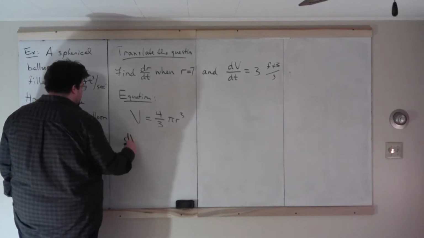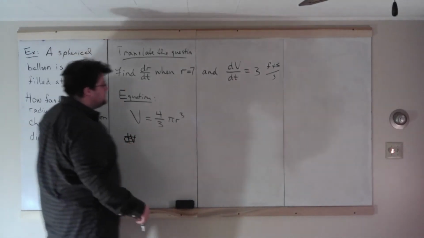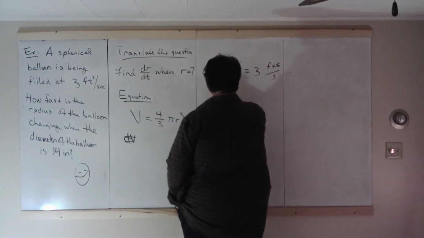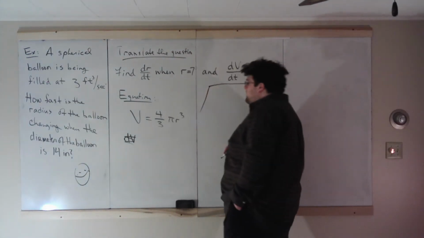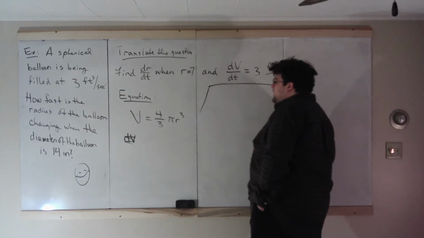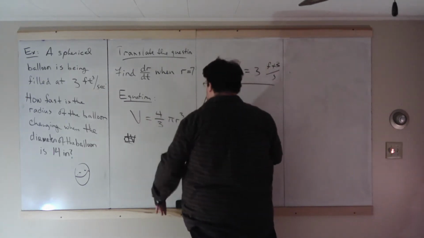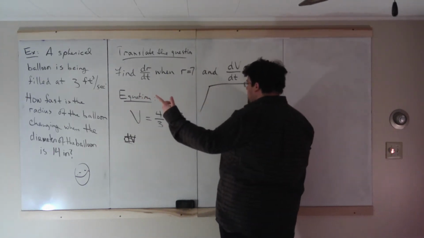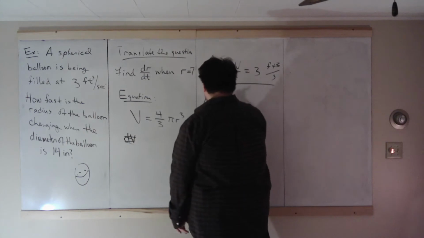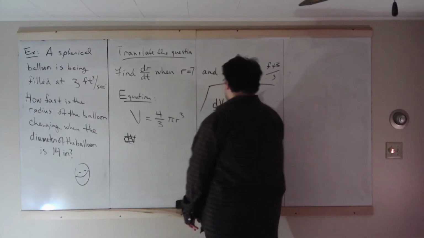Differentiate the left with respect to time. Well, remember, volume and radius are both changing as time is changing. Derivative of v is 1 with respect to time. But you need 1, and then you need to apply the chain rule.